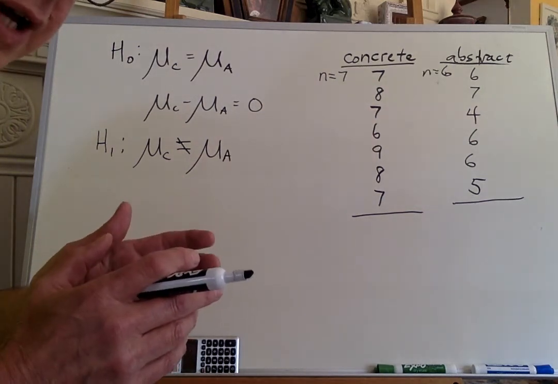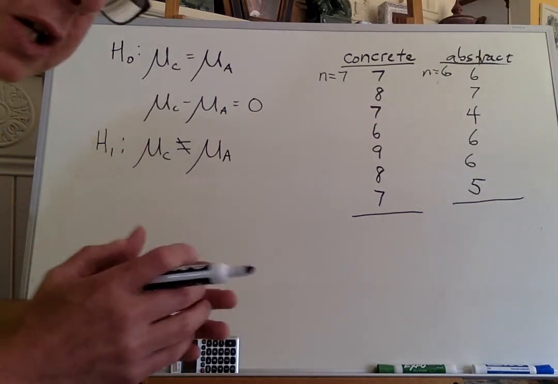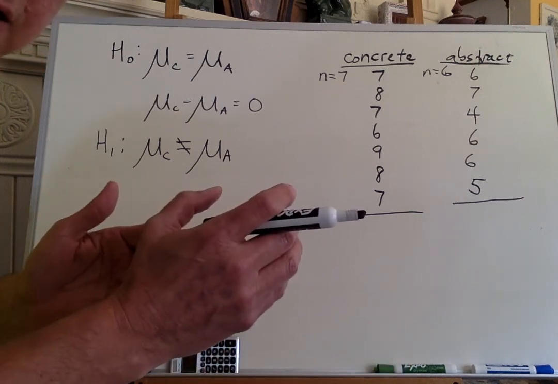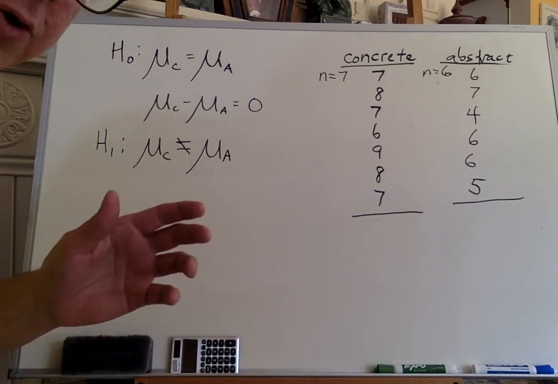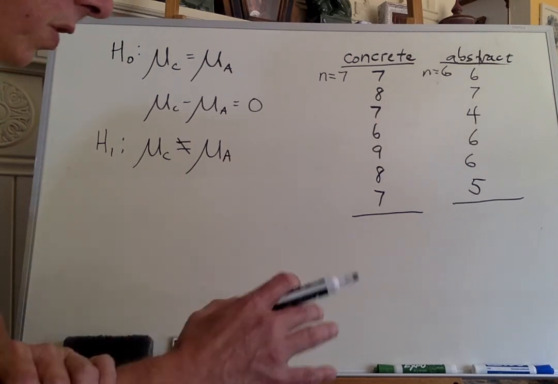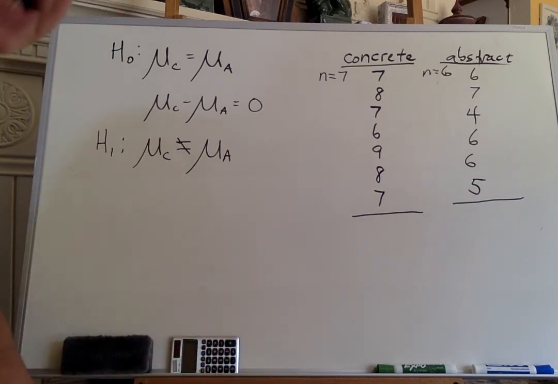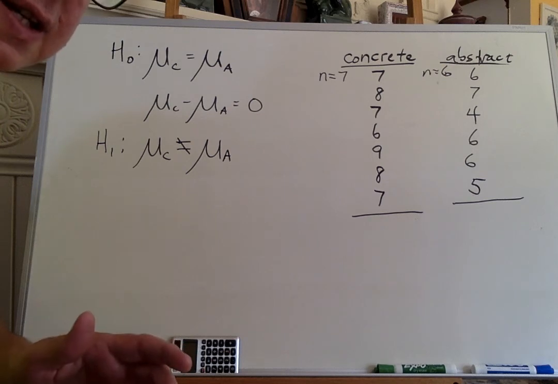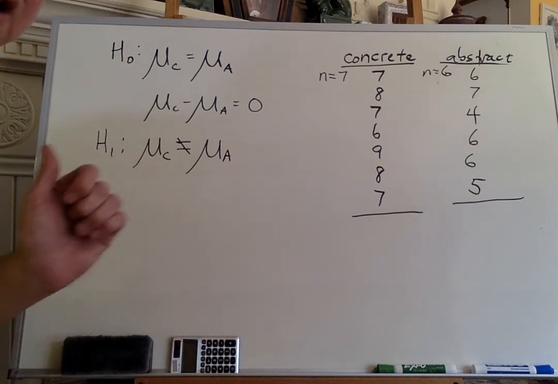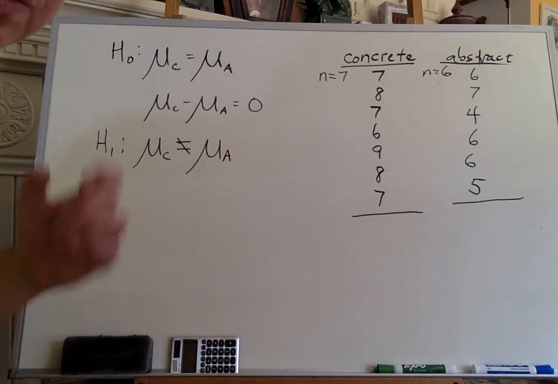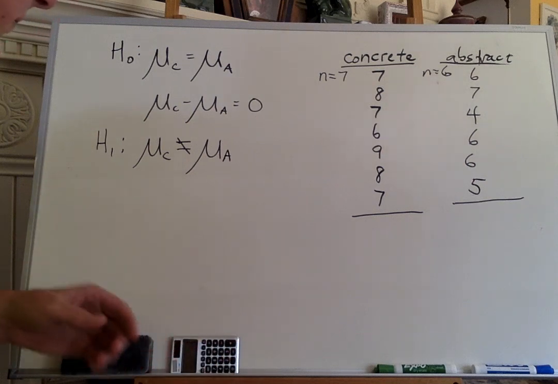When I say non-directional, I mean I'm not choosing a direction that I think the data are going to show a difference in one direction. When I say bidirectional, what I'm doing is I'm testing for significance in each direction. Okay, plus or minus the critical value.